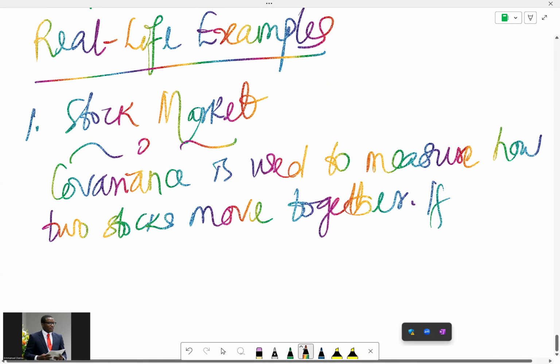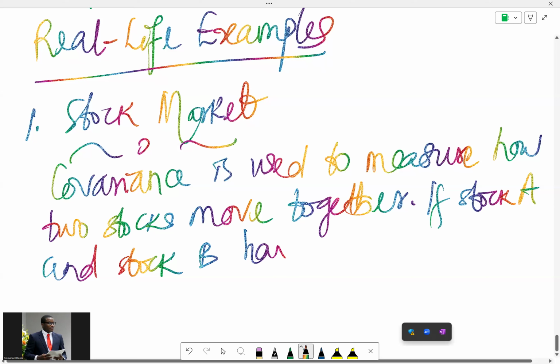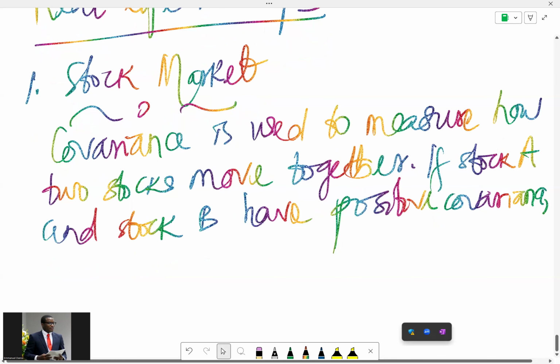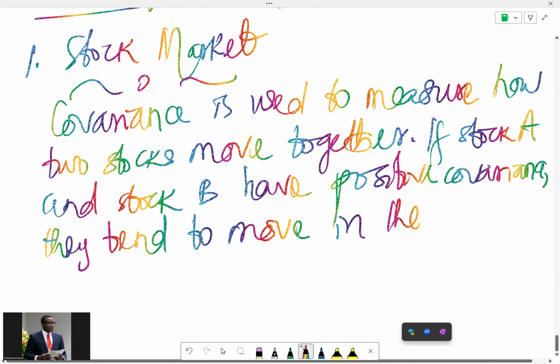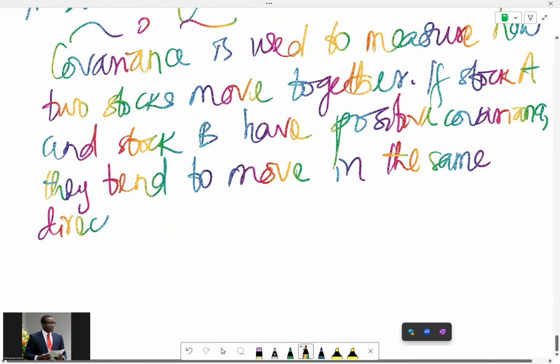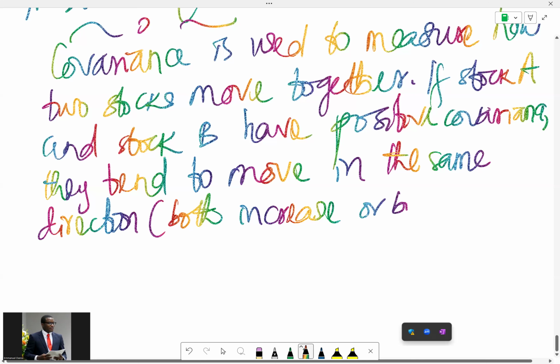So if stock A and stock B have positive covariance, they tend to move in the same direction. What that simply means is that both increase or both decrease.